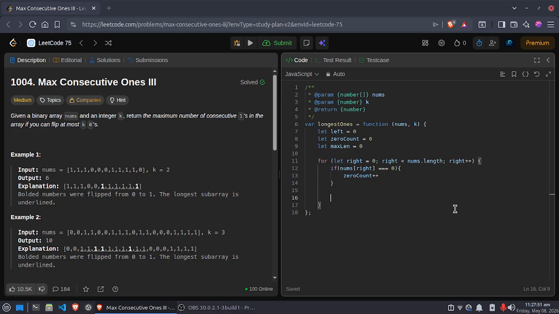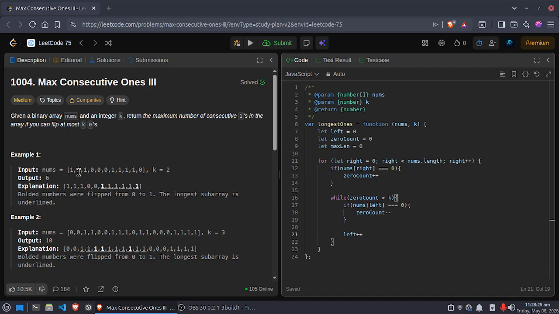And while zeroCount is greater than k, if nums of left is equal to 0, then zeroCount minus minus, and left plus plus every time. Why do I check whether zeroCount is greater than k, and do zeroCount minus minus?